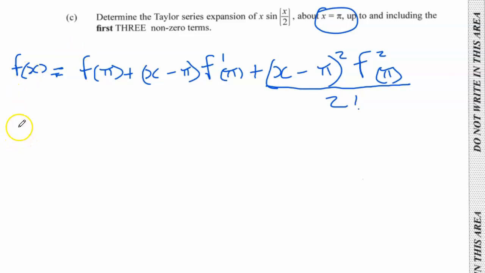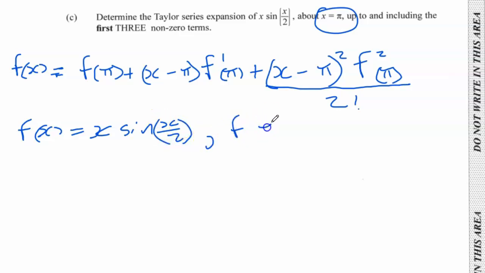So let's find f of pi. f of x is x sine x over 2. So f of pi would be pi sine pi over 2. Now sine pi over 2, that's 1. So that's just 1 times pi, which is pi.